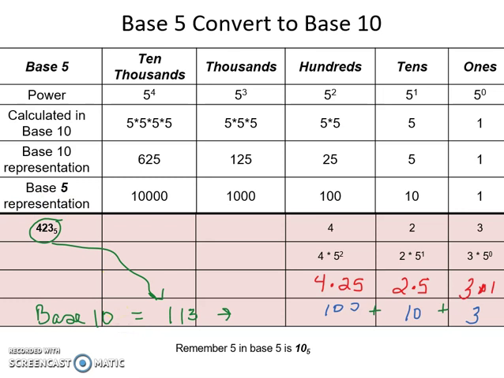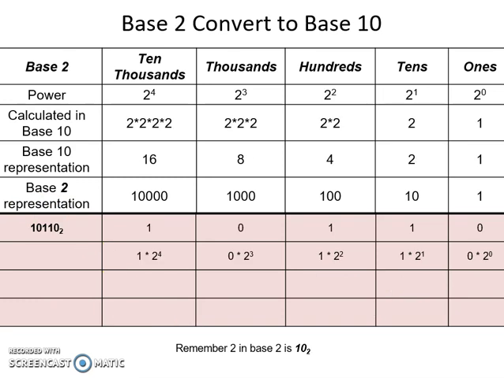Next, I would like to do base 2. So again, this is the number that I expanded in the other video. And we have 1 times 2 to the 4th, but 2 to the 4th is 16, so 1 times 16, 0 times 8, 1 times 4, 1 times 2, and 0 times 1. And again, we're just going to do that multiplication.